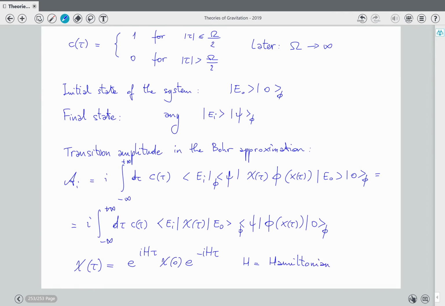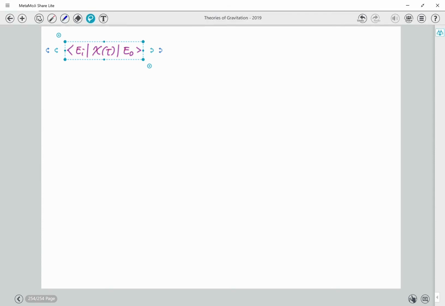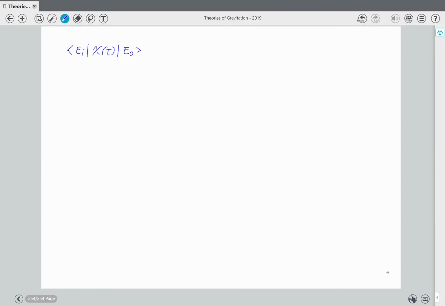So it's quite simple to compute this thing here, which can be written like that.